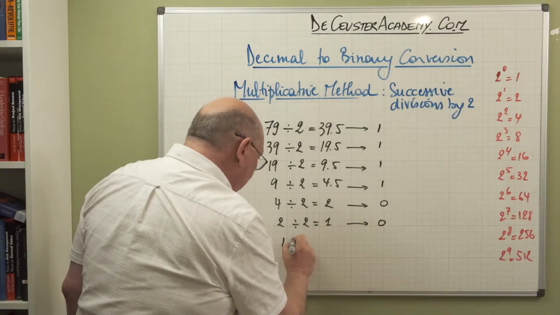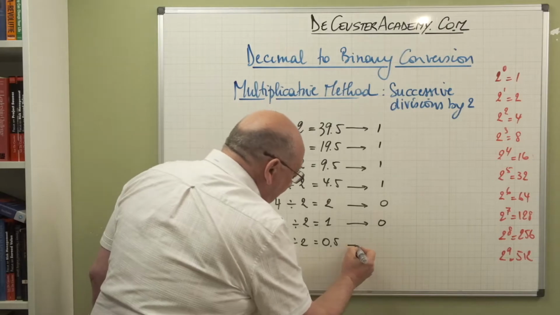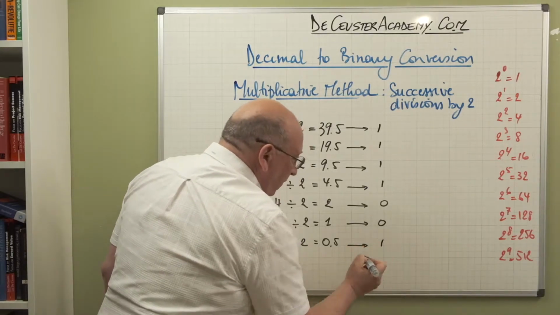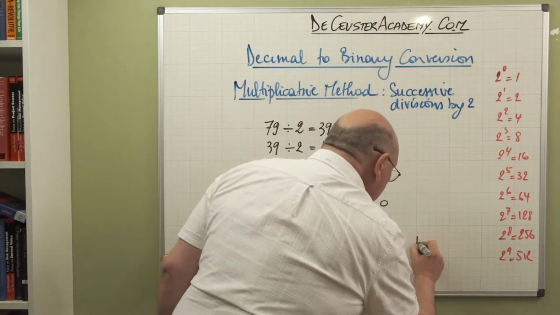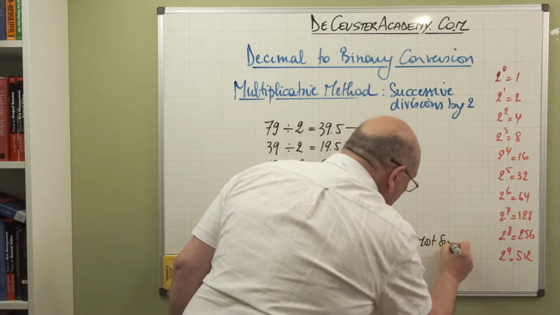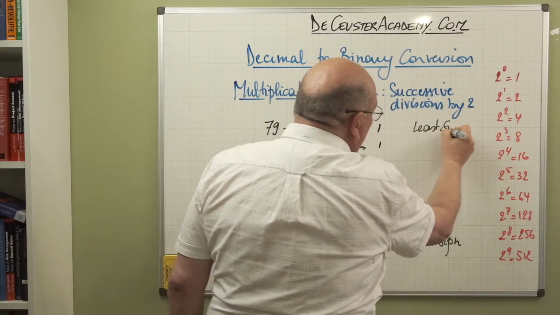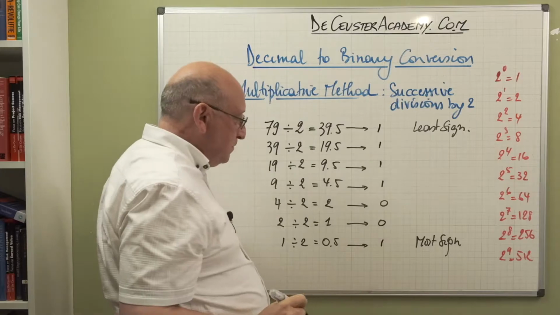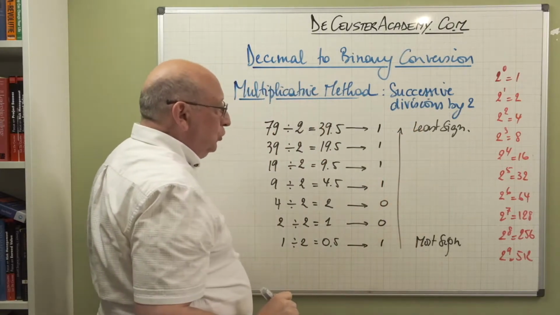And the last one, 1 divided by 2, is 0.5, and we have a 1. Now, this is the most significant number, and here we have the least significant number. And we are going to read the number from the bottom to the top.